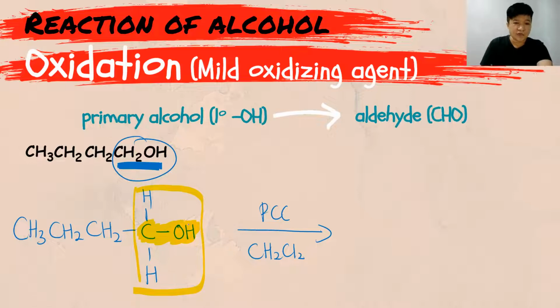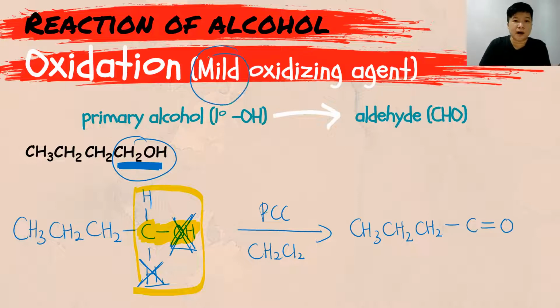We will remove one OH and one of the hydrogens. And when we remove the OH and the hydrogen, we will then replace the bond with a double bond O. And since it's only a mild oxidizing agent over here, the hydrogen shall remain unchanged because it's not strong enough to oxidize everything. It's only a slightly weaker oxidizing agent. And that is your aldehyde.